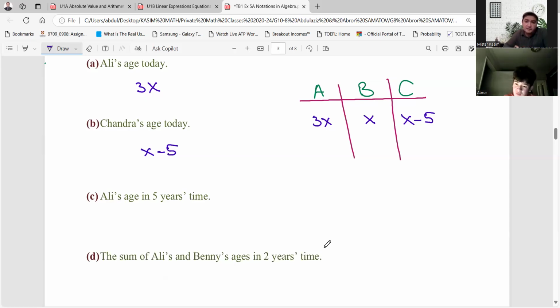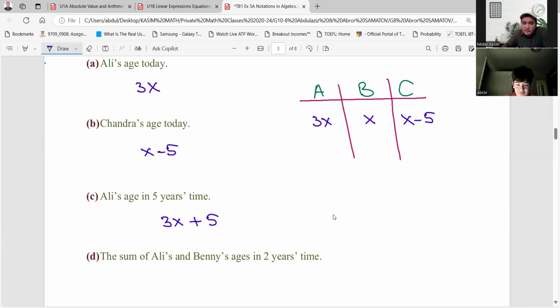We don't know this x. After 5 years, how old will he be? Abror, 3x plus 5. Because I don't know Ali's age, right? After 5 years, I should just add 5 to his current age, right? If Ali is now 3x, after 5 years, he will be 3x plus 5.